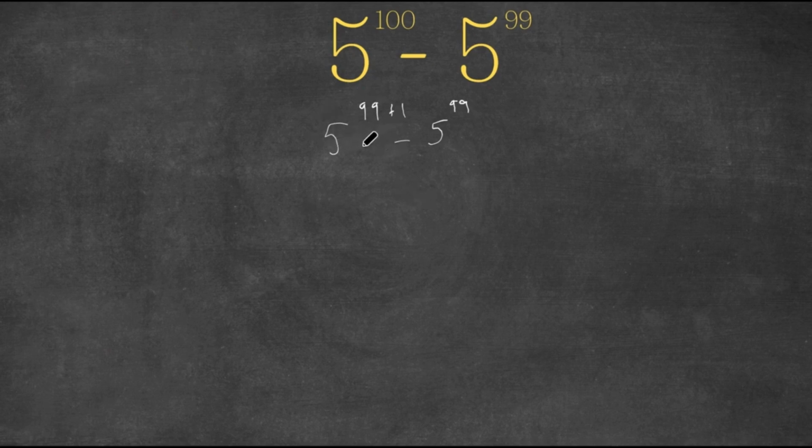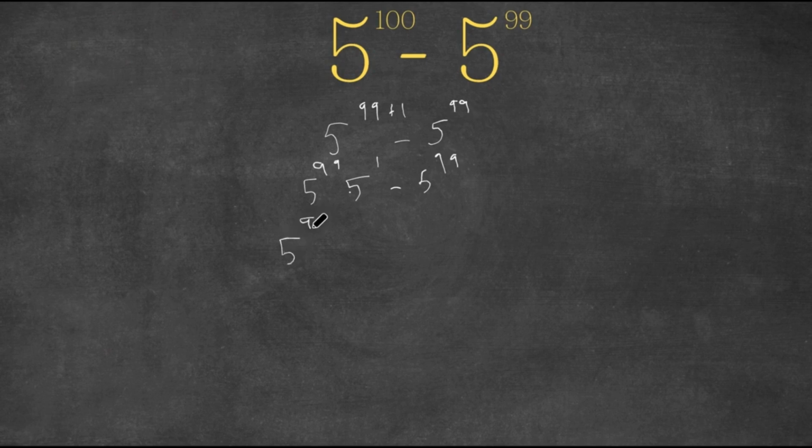So let's convert 5 to the power of 99 plus 1 into 5 to the power of 99 times 5 to the power of 1. And we're still subtracting this with 5 to the power of 99. All right, so now that we have this, because we have two 5 to the power of 99s, why don't we factor that out?